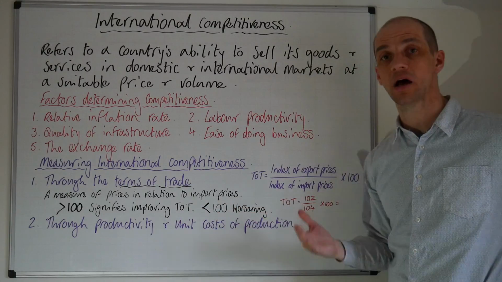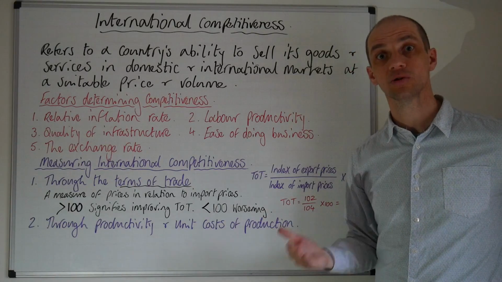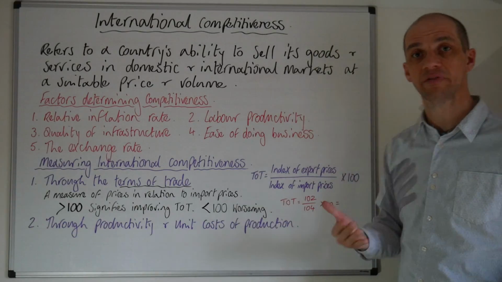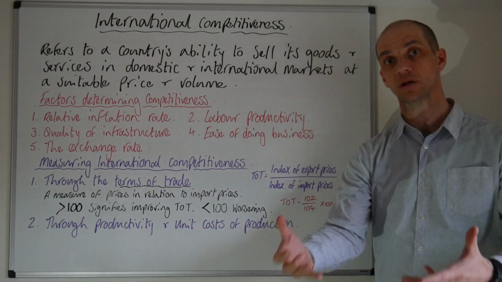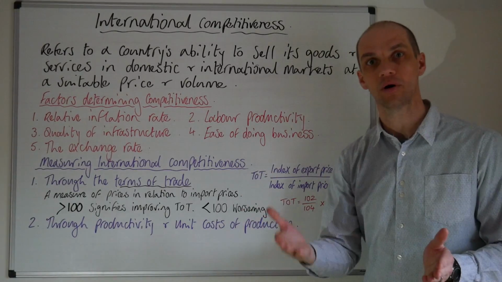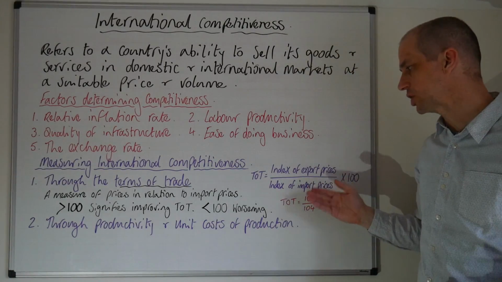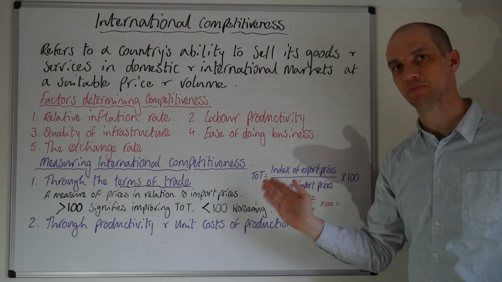If it's less than 100, it shows a deterioration or a worsening in your terms of trade. Really what we're saying is, for a given basket of exports, what is the given basket of imports that you would receive in return if you were almost operating a barter-based economy? So let's just consider the nature of this and why this 100 figure is important.